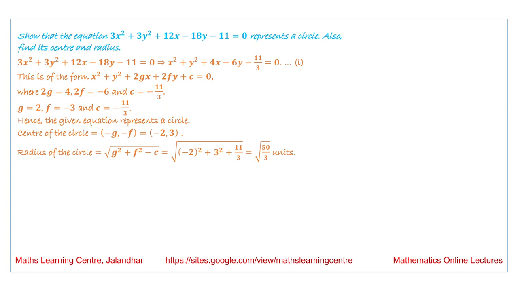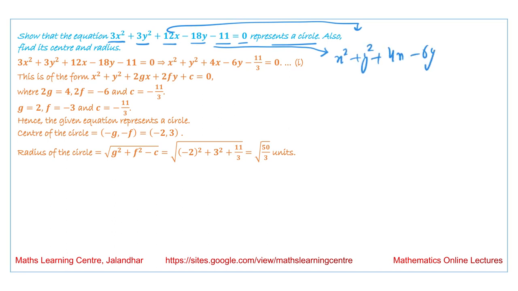Next is, show that the equation 3x square plus 3y square plus 12x minus 8y minus 11 is equal to 0 represents a circle. So to prove that this represents a circle, again we are talking about the values of g and f. First of all, we write this equation in the form x square plus y square plus 4x minus 8 by 3 y minus 11 by 3 is equal to 0.